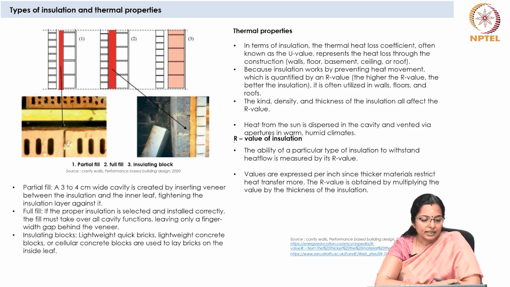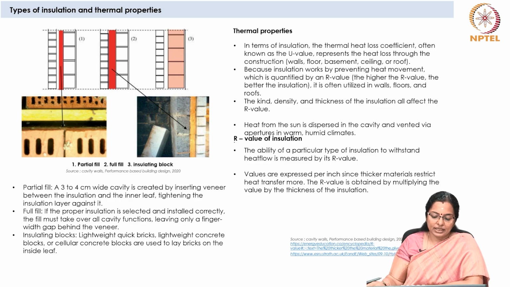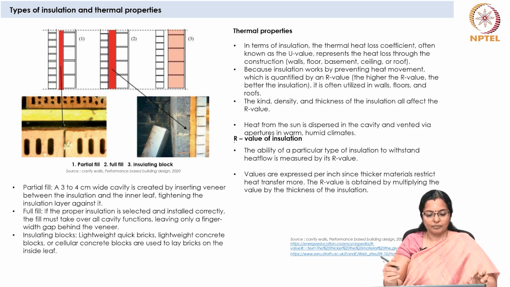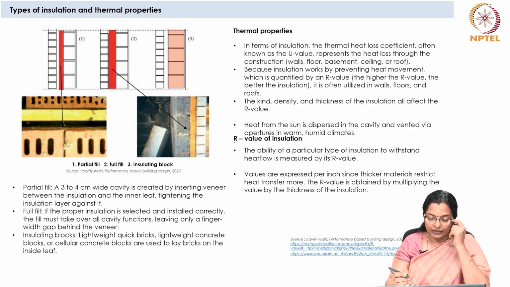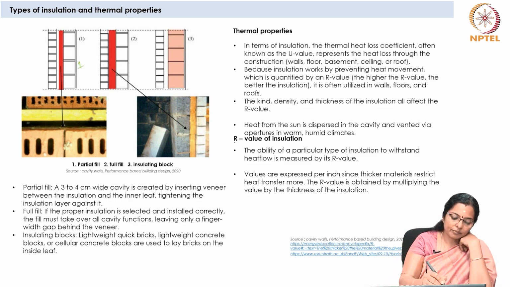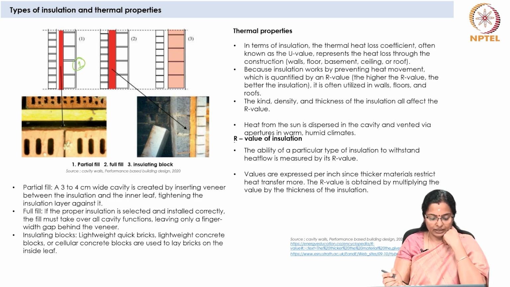Now let us look at the types of insulation as well as the thermal properties. So if you look at how the insulation is filled, it can be filled in these three ways. The first is the partial fill.